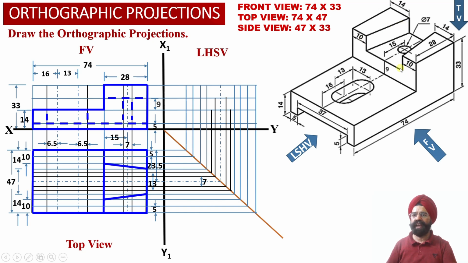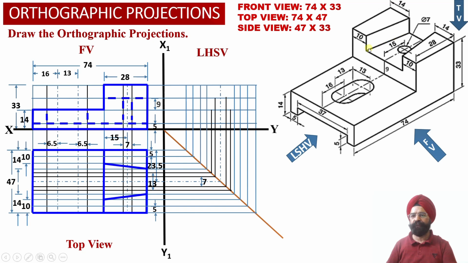So this angular slot has been obtained into the top view projections over here. Now we must consider that this surface is parallel to the horizontal plane. So it has been projected as true shape projection into the top view projections over here. Similarly, this surface is also parallel to HP. So this has been provided as true shape projection into the top view projections over here.